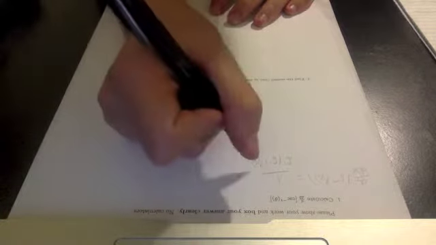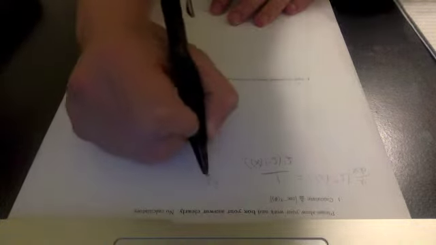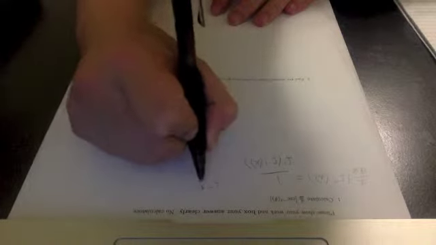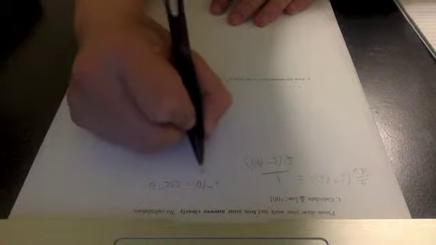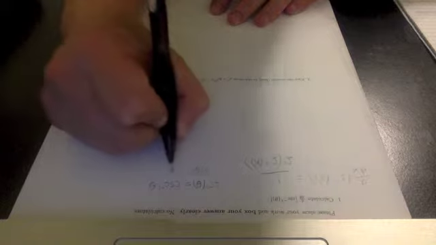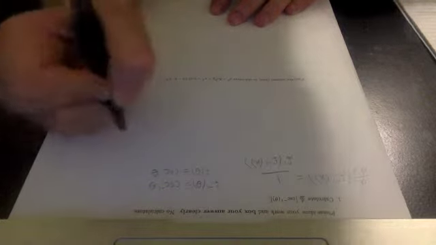So if we apply this to our problem here, we're going to say that f inverse of theta is cosecant inverse of theta. So f of theta is then cosecant of theta.